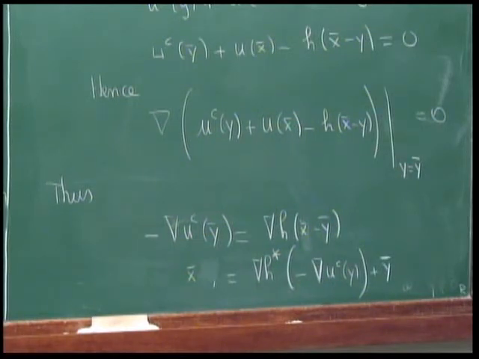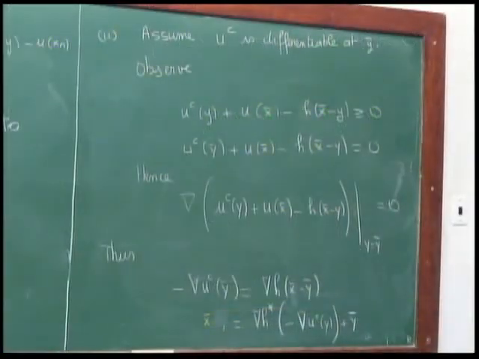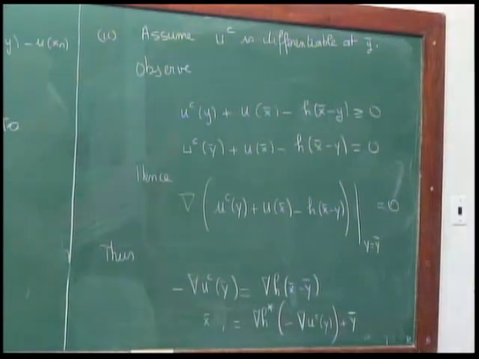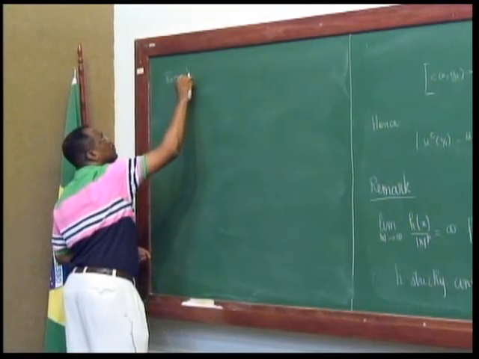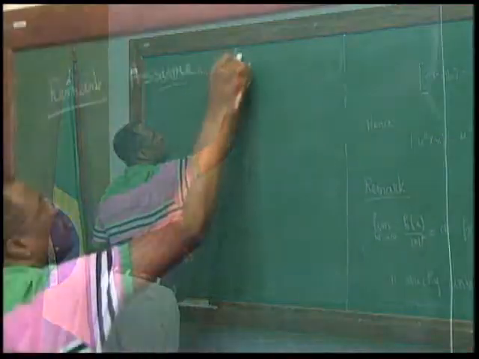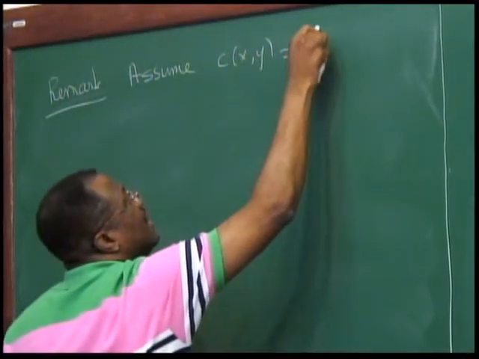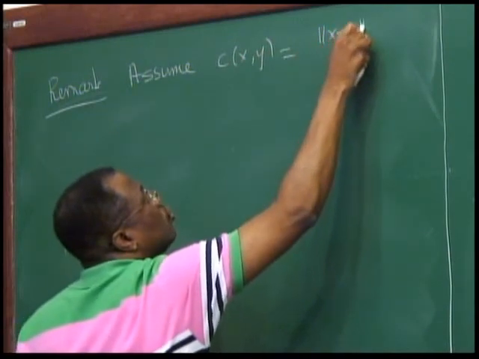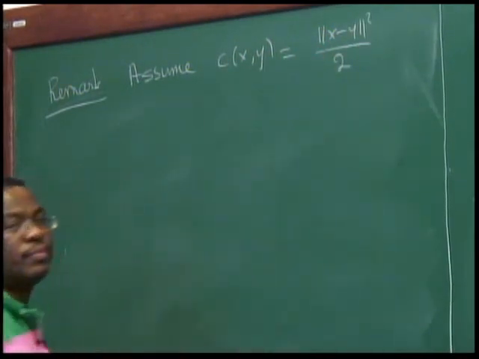Now, a simple observation. Remark. Assume C of x, y is |x minus y| squared over 2.